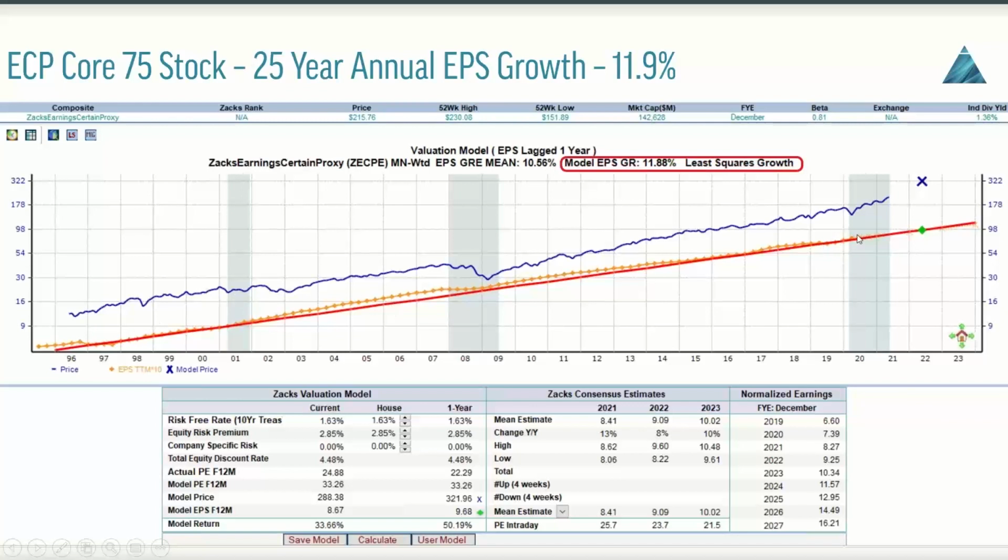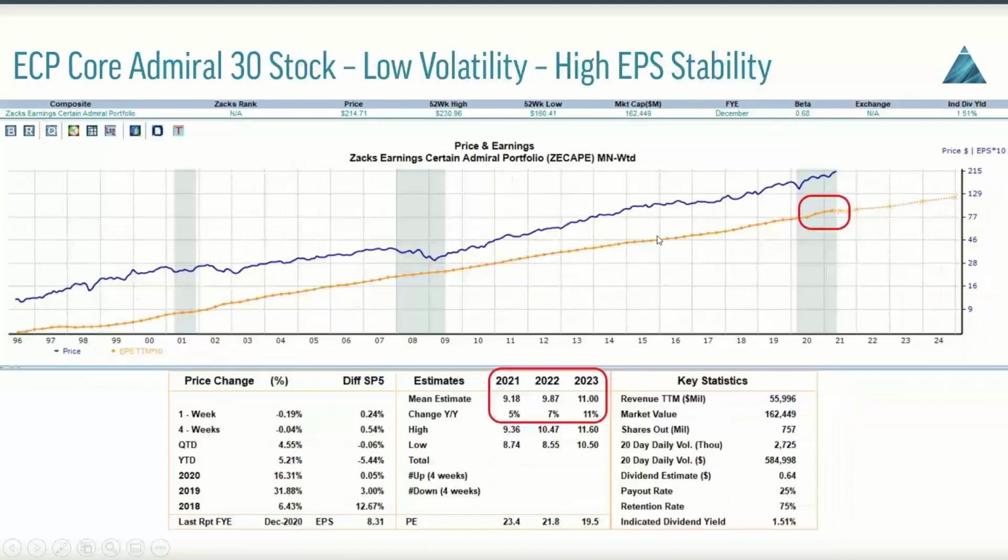Okay, so you can see that trajectory is much, much more stable and a much steeper growth rate relative to the S&P 500, clocking in at roughly 7% versus about 11.9% for the earnings certain 75 stock portfolio.